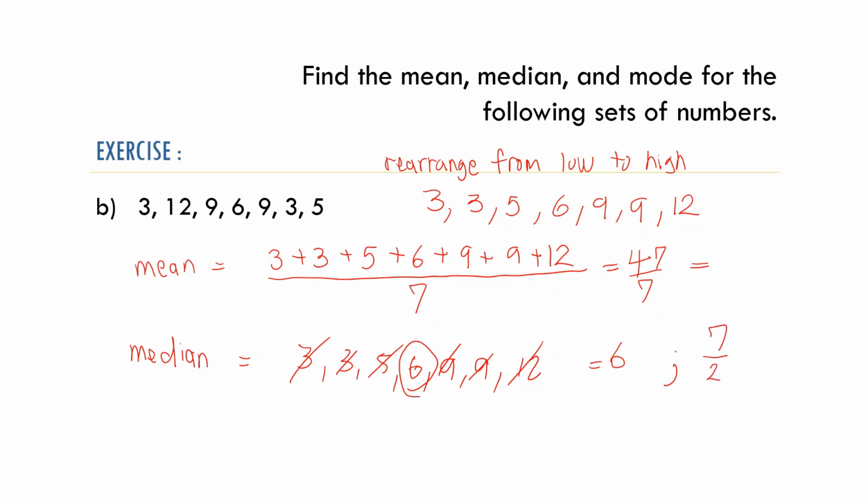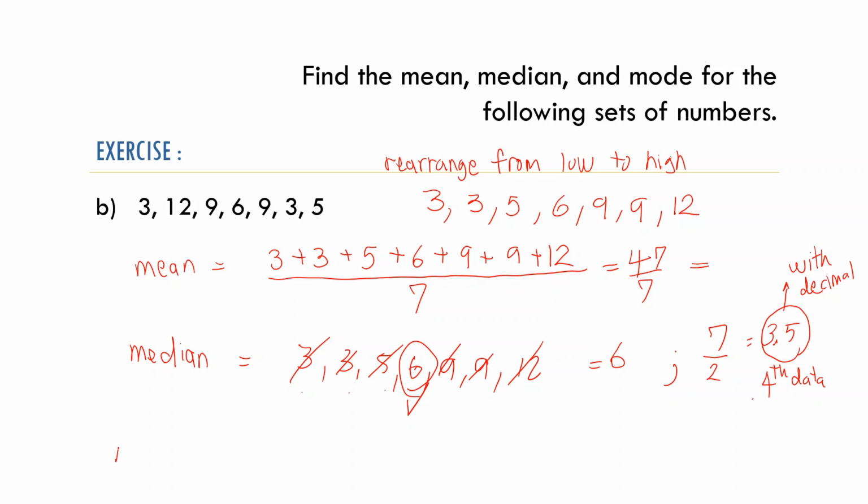And you divide it by 2 and you get 3.5. So the answer is a number with decimals, so we use the fourth data. So let's say 1, 2, 3, 4. So here the answer is 6.